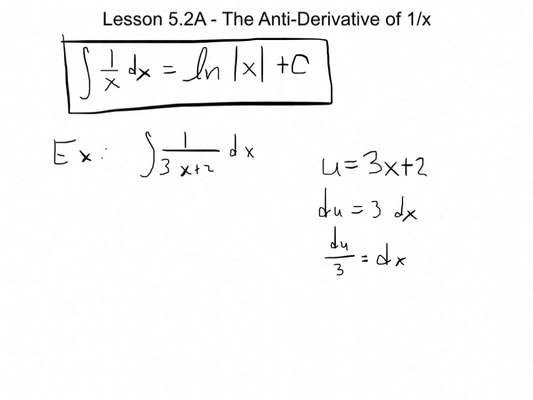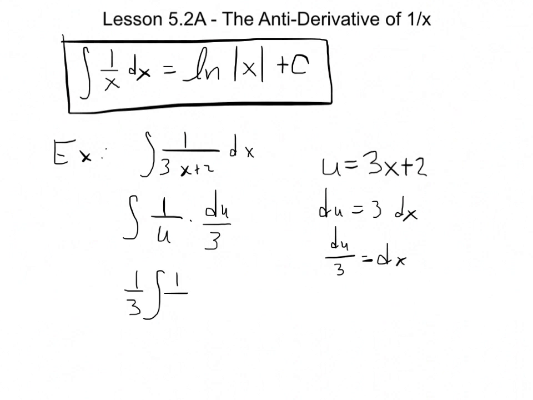And this is now what I bring back into the problem. Remember, we primarily use the first line and the third line here. I now have the integral of 1 over u times du over 3. Then I can take that 1/3 and bring it out front. 1/3 the integral of 1 over u du. And recall what I said earlier. You are supposed to take the antiderivative only when it's exactly something you've memorized.